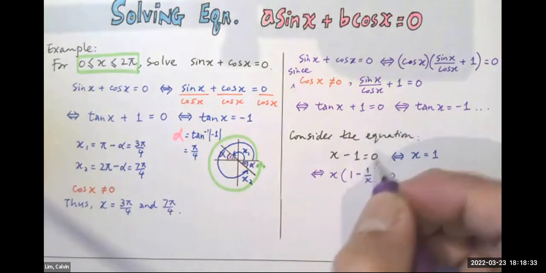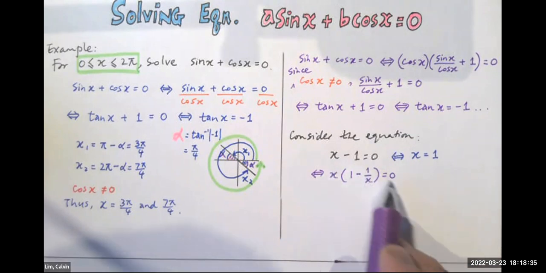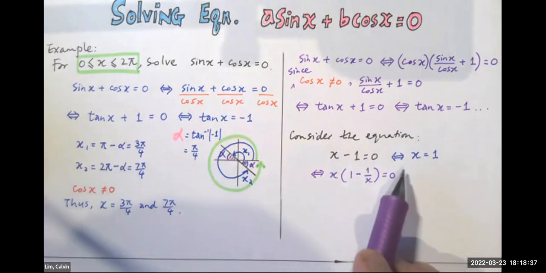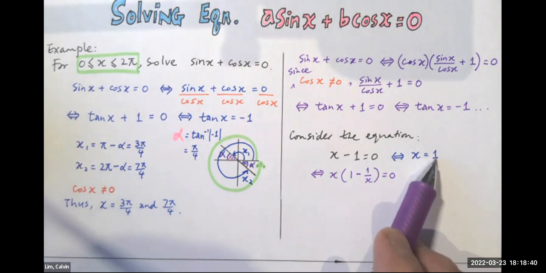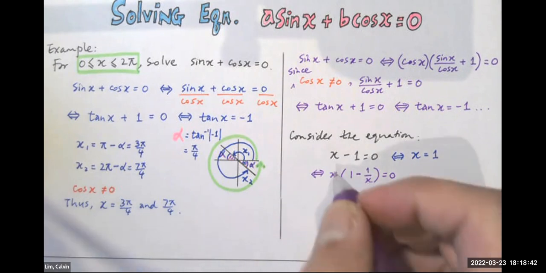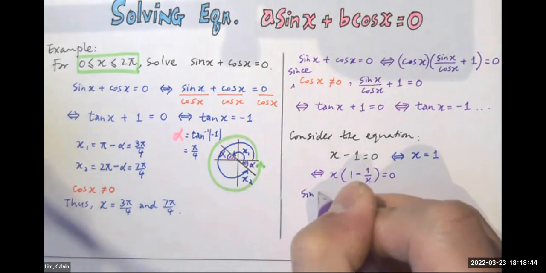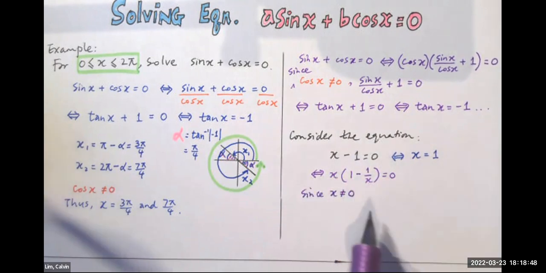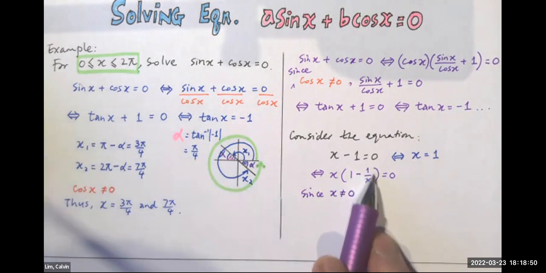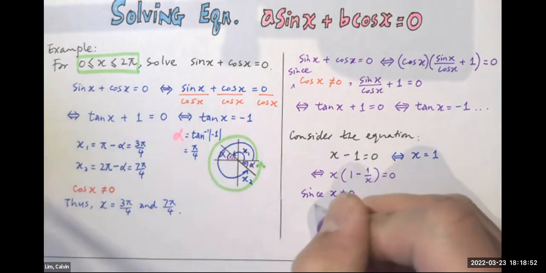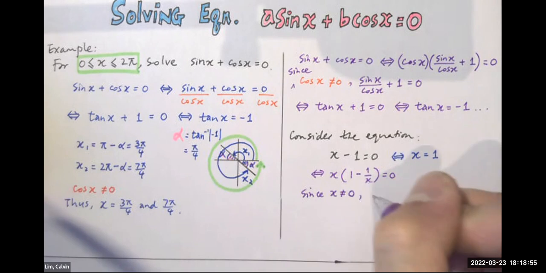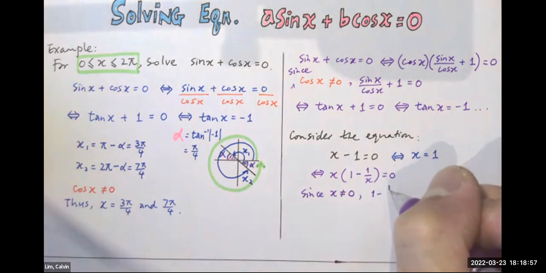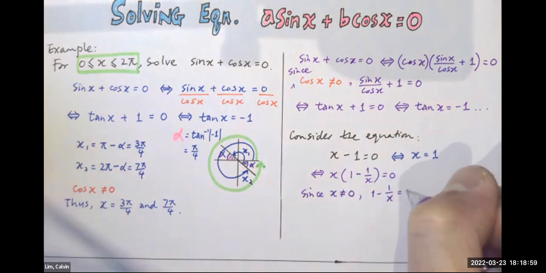Obviously, because this is the same equation, the solution is still x equals 1. And obviously we can see that x cannot equal 0, because if x equals 0, we get 1 divided by 0. Since x cannot equal 0, 1 minus 1 over x must equal 0.